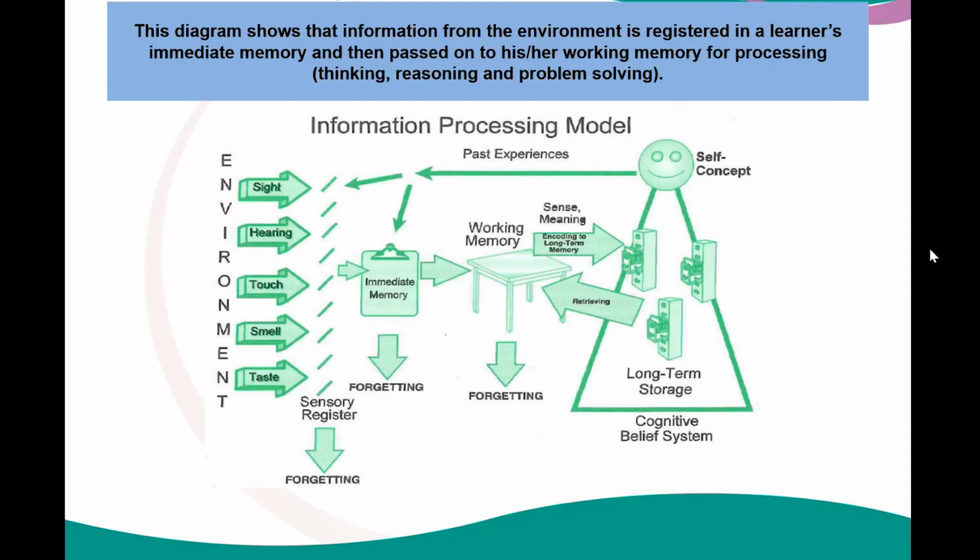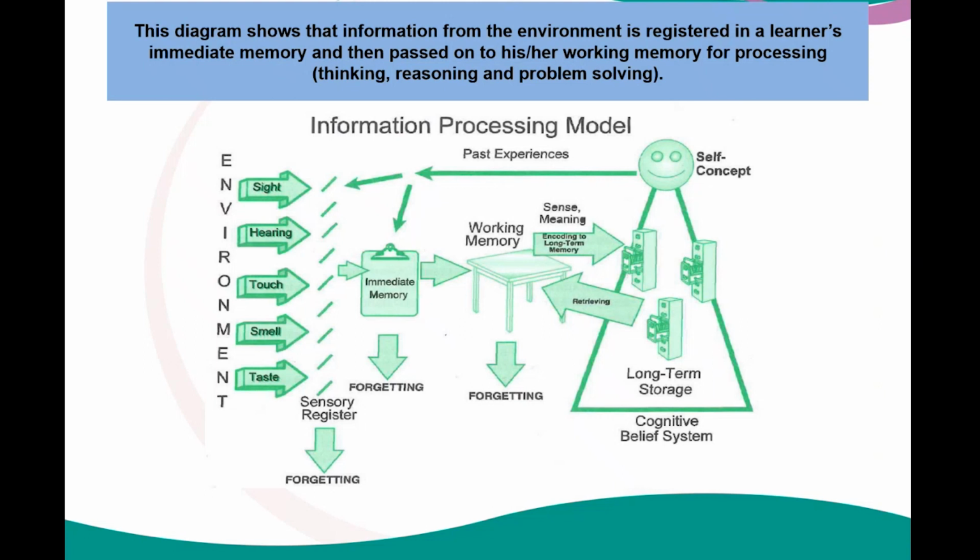Okay, first I'm just showing you the diagram that shows that information from the environment is registered in a learner's immediate memory and then passed on to his working memory for processing, in terms of thinking, reasoning, and problem solving. So look at the environment. We need to get our students to see things, to hear things, to touch, to smell, to taste.